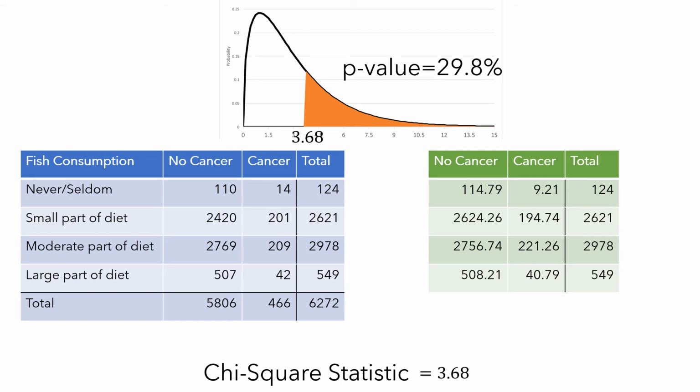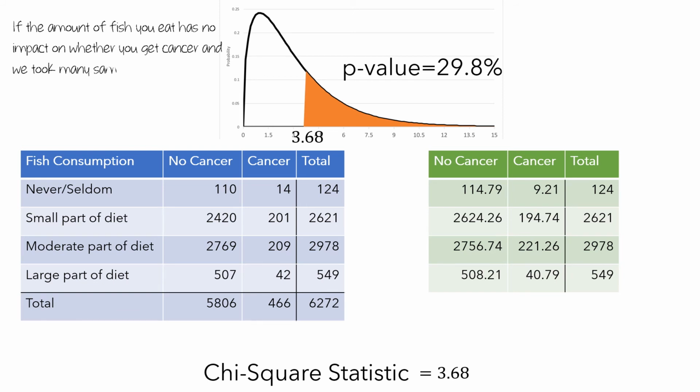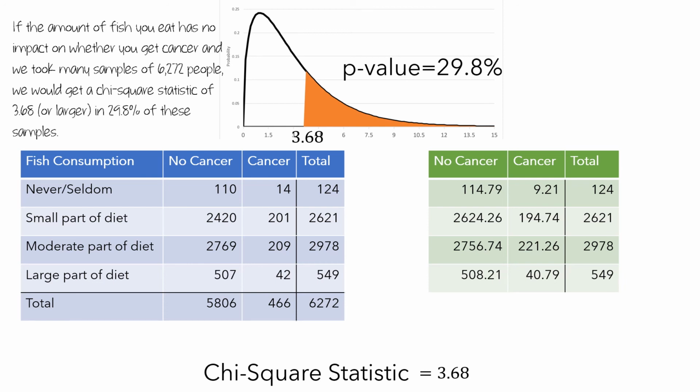What this means is that if the amount of fish you eat has no impact on whether you get cancer, and we took many samples of 6,272 people, we would get a chi-square statistic of 3.68 or larger in 29.8% of these samples. So this is not evidence against our null hypothesis that the amount of fish you eat doesn't affect whether you get cancer.